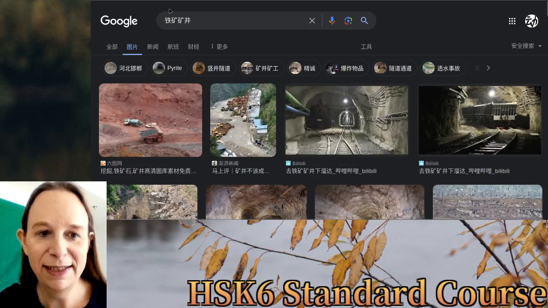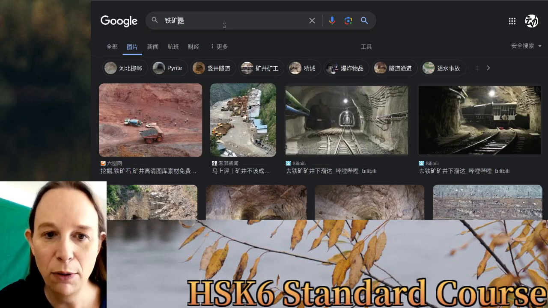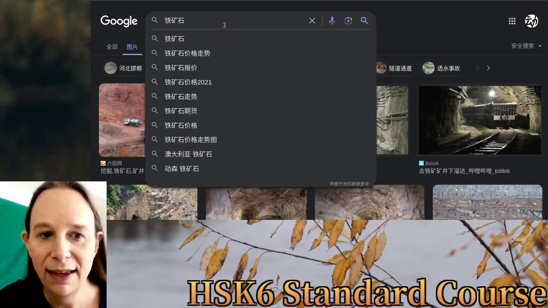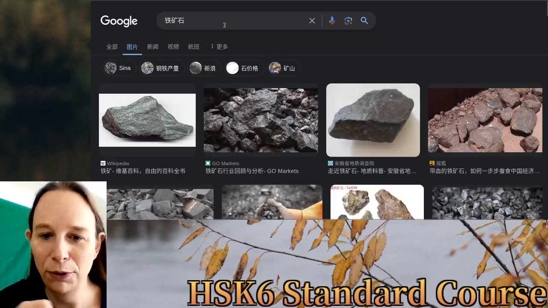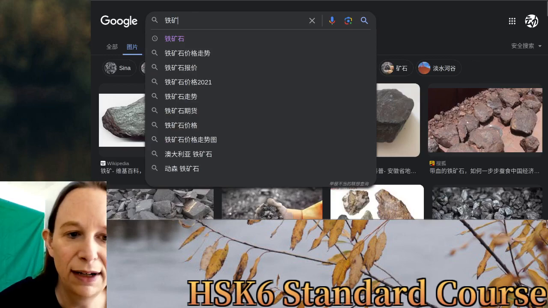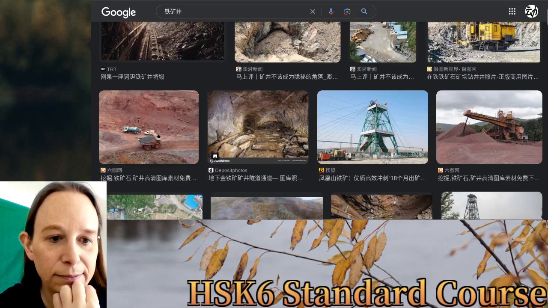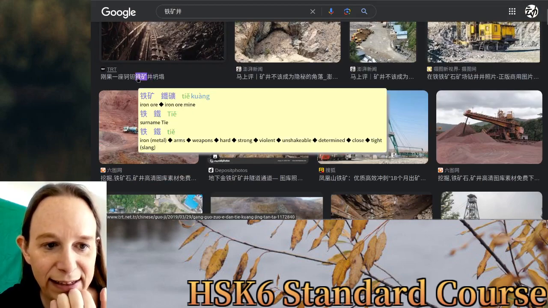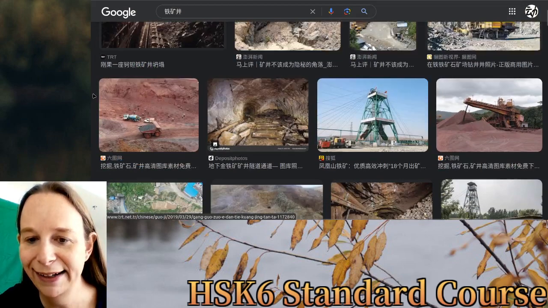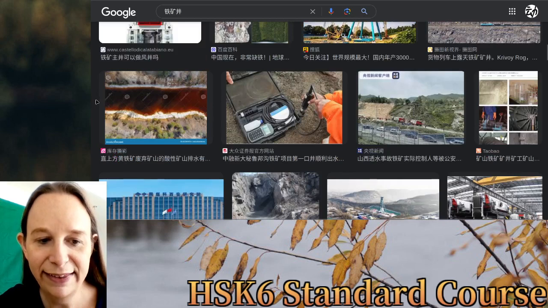So if you want to be specific, you can put in 铁矿石, which means iron ore, the rock, or 铁矿井. I think it's fine with just 井. 铁矿井. 矿井, right? 矿井 is a mine. I think that's the difference.